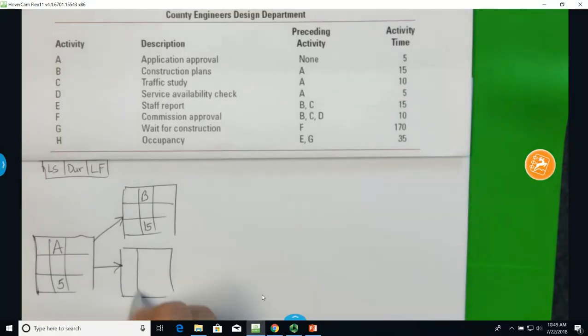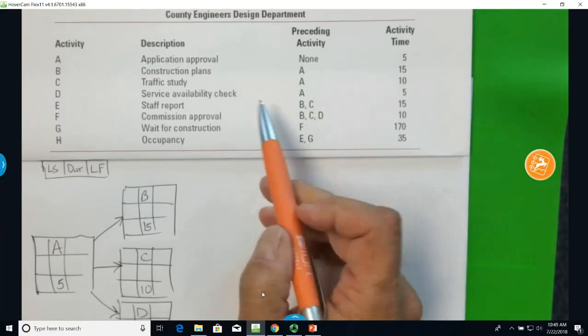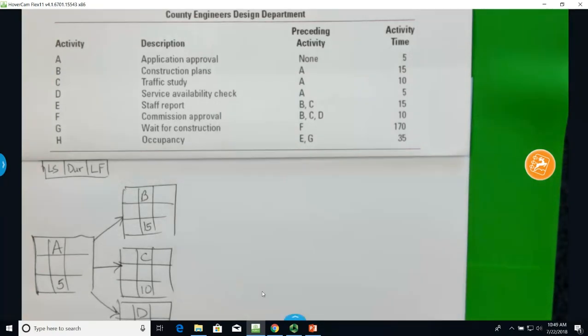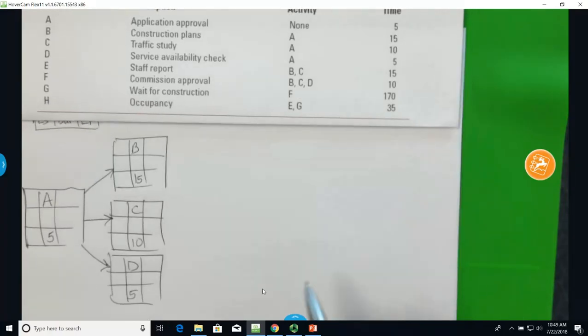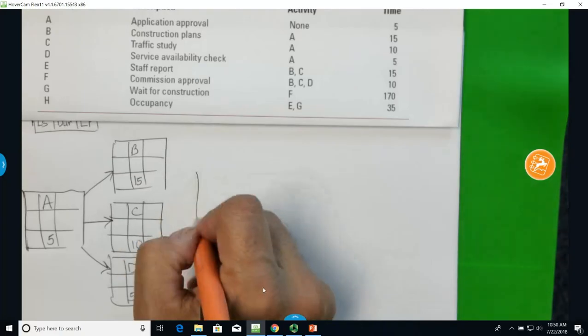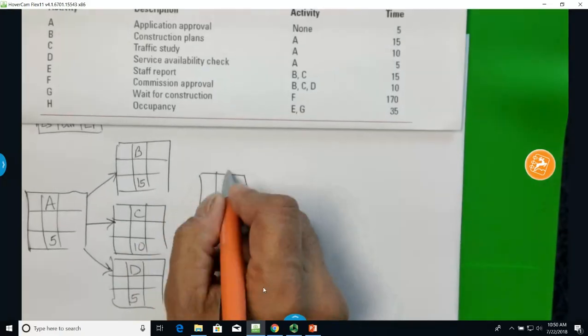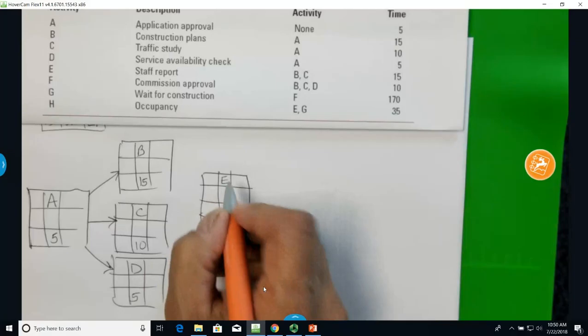C over here is 10 days. And D here is 5 days. And remember, we had all those linked. Okay. Now it says E depends on B and C. So we had E over here.